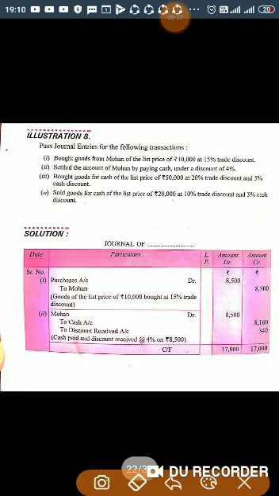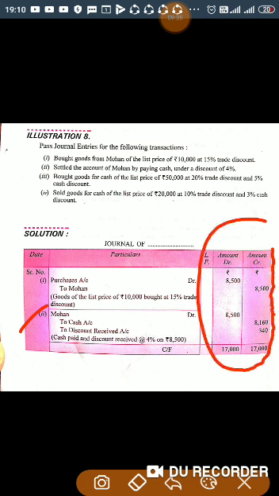This Mohan 8500, cash 8160, and to discount received 340, and in this way. Apart from this, you can also observe after two journal entries, because this page is all completed, we will add the debit amount and credit amount, 17,000 and 17,000, and we will write CF, that is carried forward.